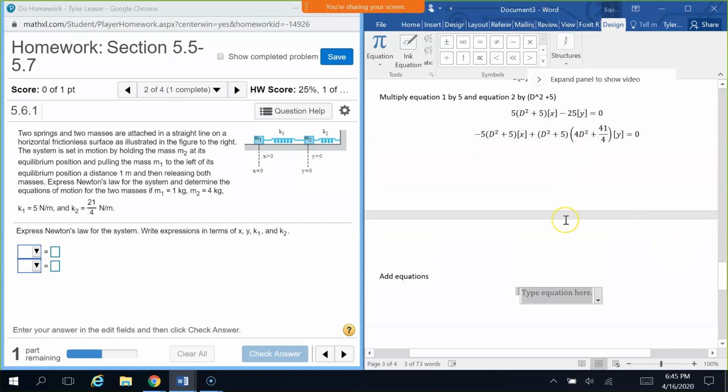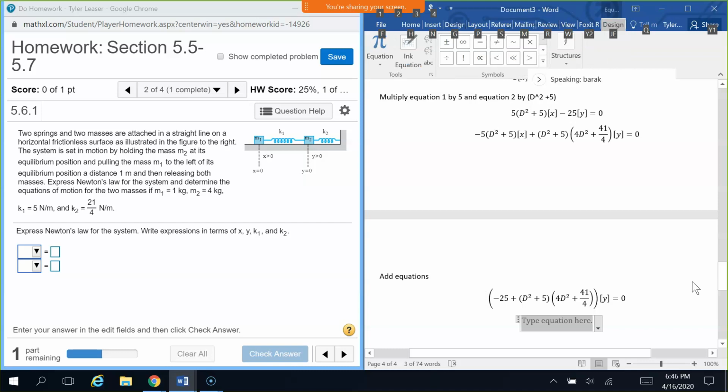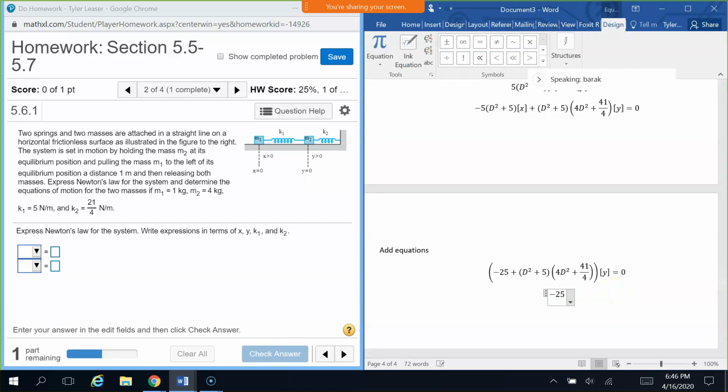So when we add the two equations, the x's cancel, and my y's are going to be negative 25 plus this awful looking thing, and that whole thing acting on y is equal to 0. So the negative 25 plus these two operators multiplied together, all acting on y. And then we have to multiply this awful thing out. We still have the negative 25 out in front, plus foiling this all together.